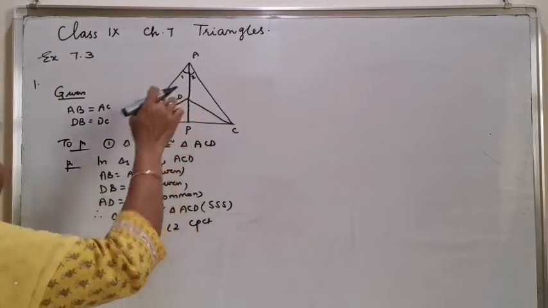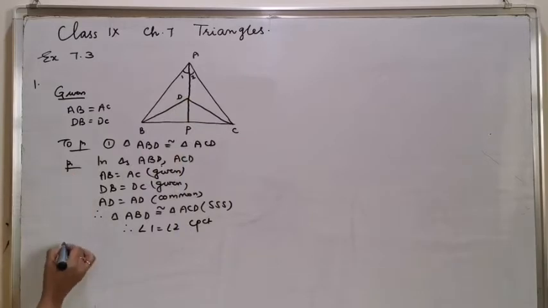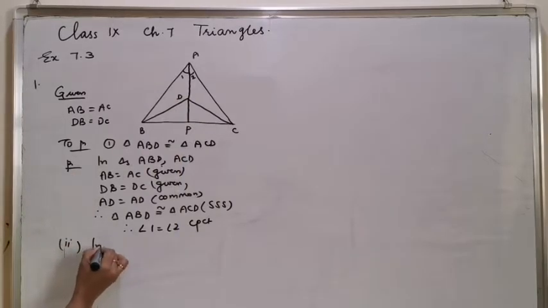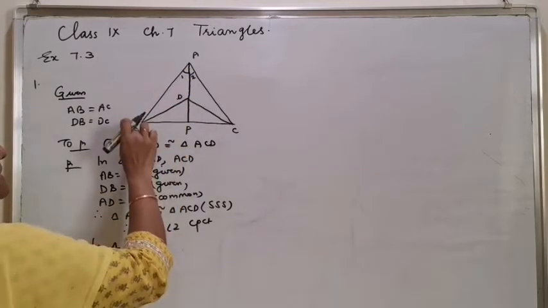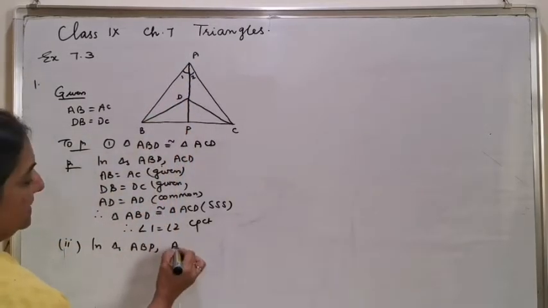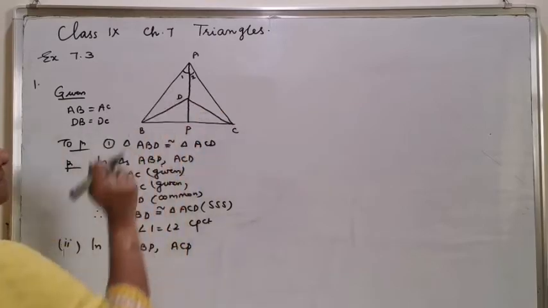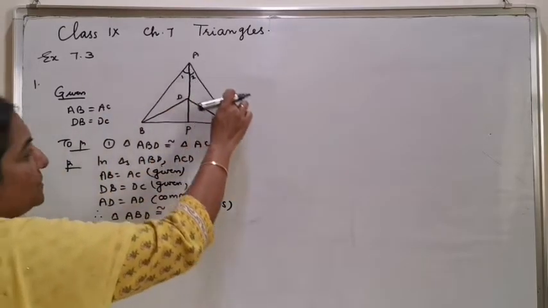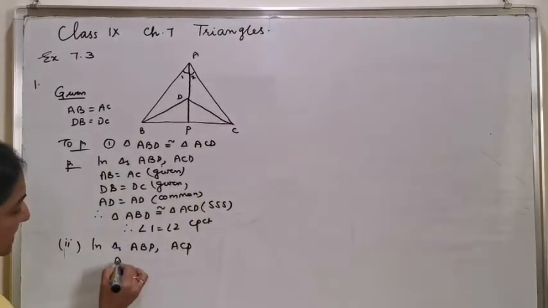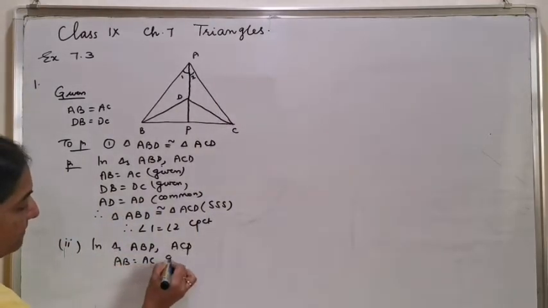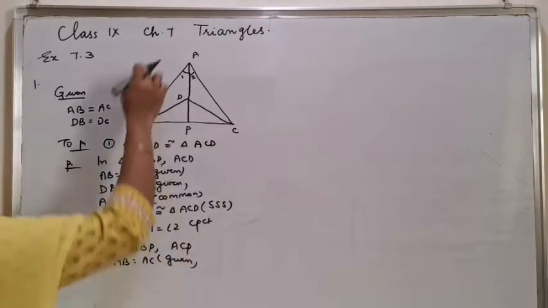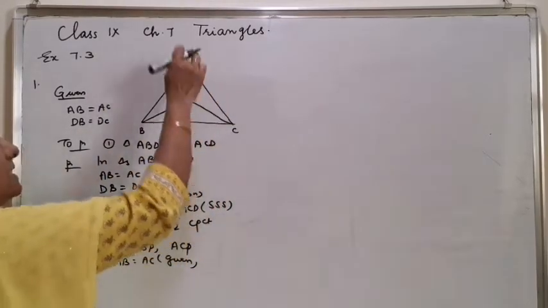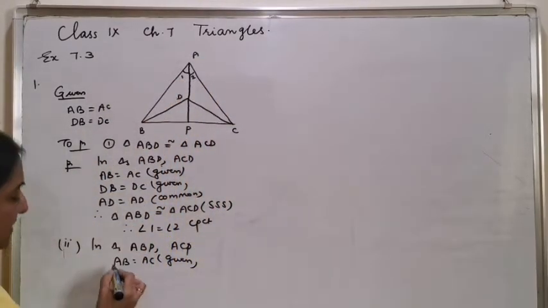ABP and ACP. The second part: in triangles ABP and ACP, what do you see? AB equal to AC, already the given condition. AB is equal to AC. Can you see AP as common?